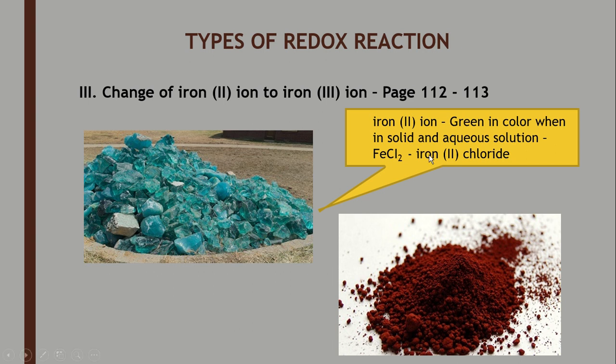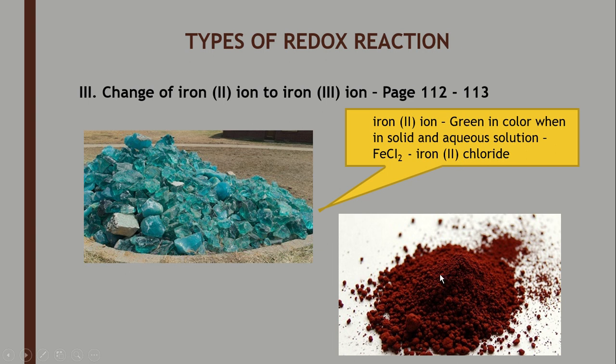Here we know that the ion used is iron 2 ion, since we can refer to the formula of the compound: we cross Fe2+ with Cl-, so we get FeCl2, meaning the ion used is iron 2 ion.